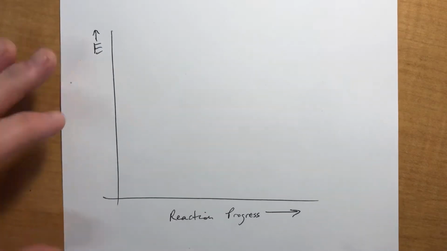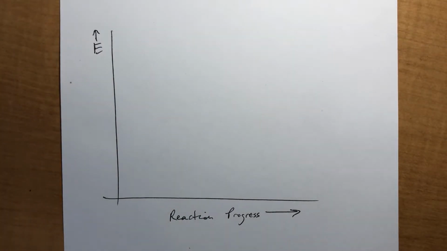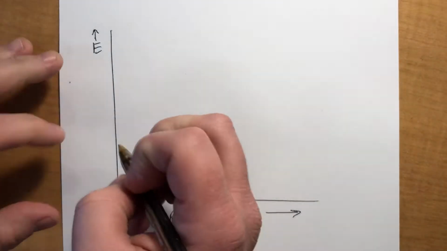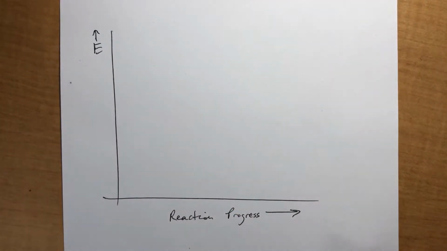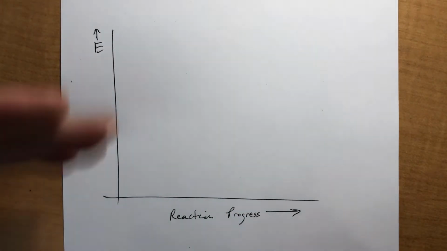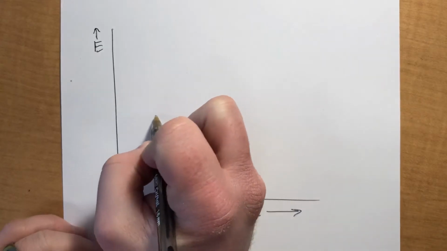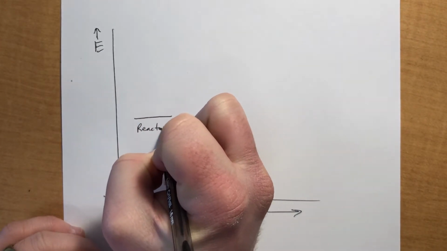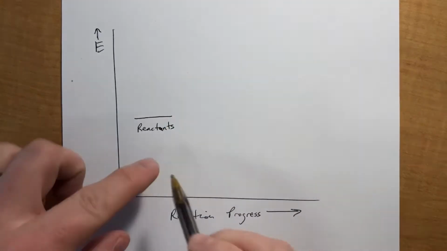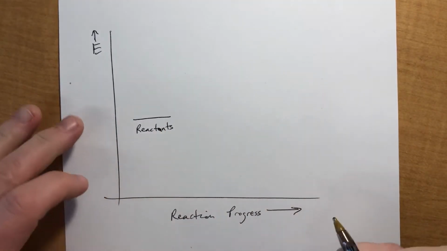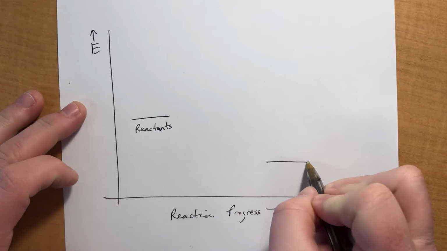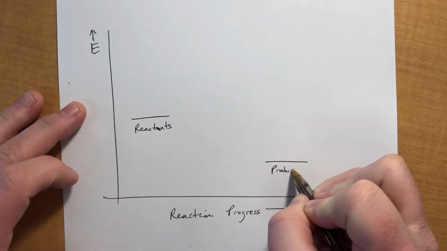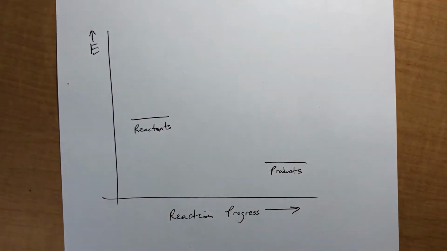The way most reactions work is the relative stability of these things tells you how high the energy is. So typically in most reactions, you have reactants, which are at some energy level, and then you end up with products that tend to be more stable. That's not always the case, but it is usually the case. It's the most likely answer.